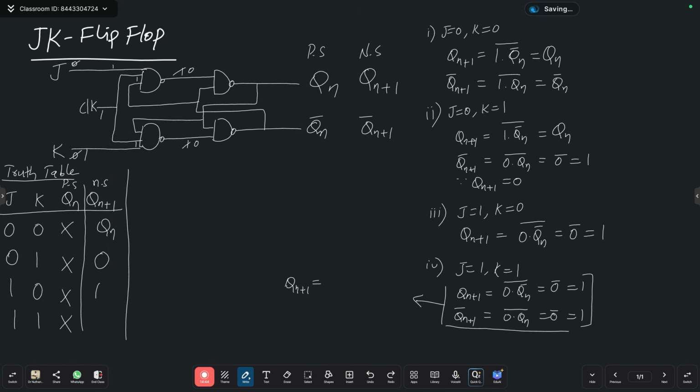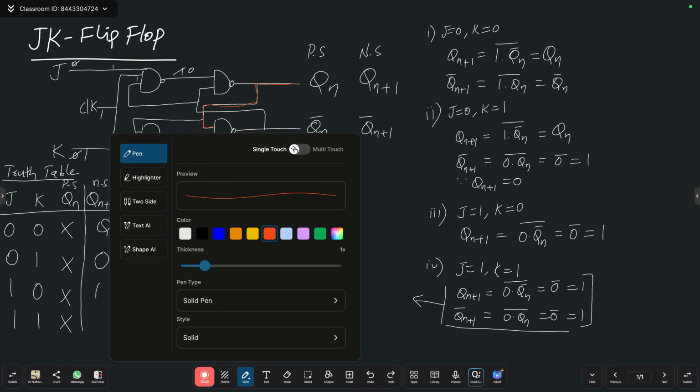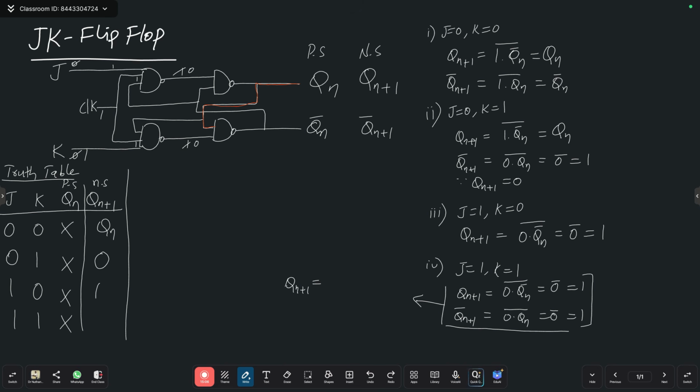So Qn calculation. This is your connection, correct? Then what are you calculating? You are calculating Qn. Yes or no? Just observe the yellow line.